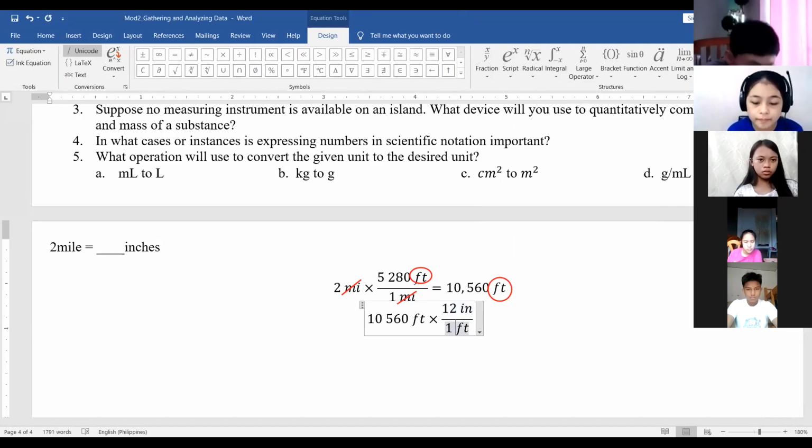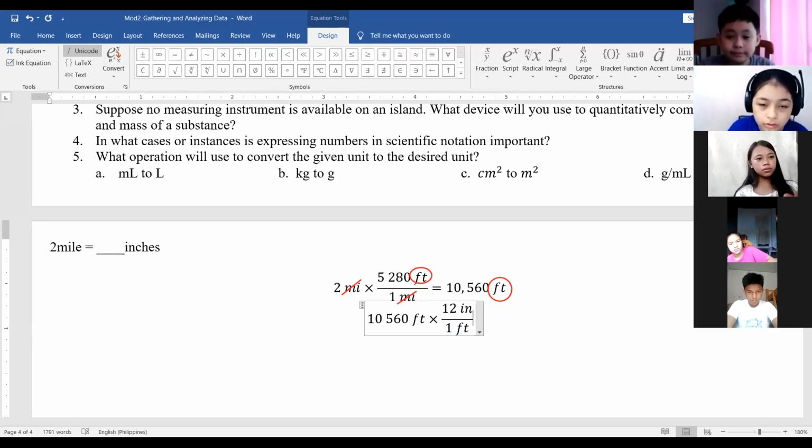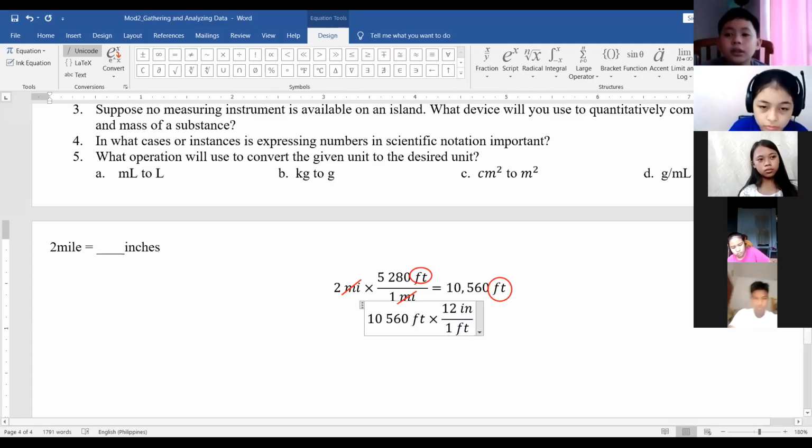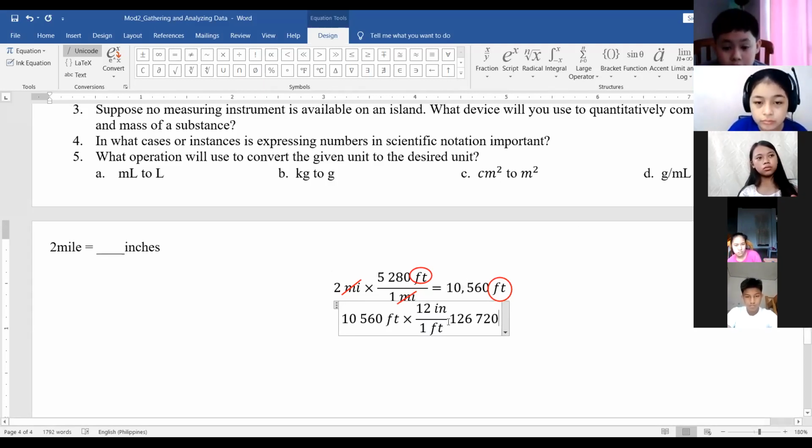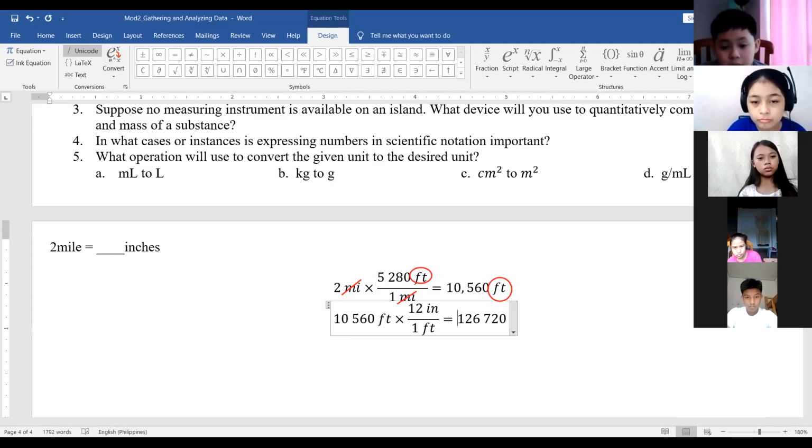So we multiply 12 and 10,560. I'll use my calculator, class. Times 12. So the answer there is 126,720.